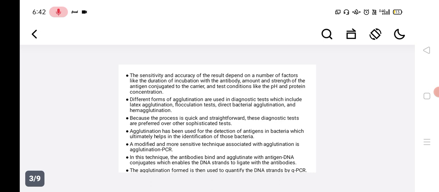Agglutination has been used for the detection of antigens in bacteria, which ultimately helps in the identification of those bacteria. A modified and more sensitive technique associated with agglutination is agglutination PCR. The agglutination formed is then used to quantify the DNA strands by qPCR method.